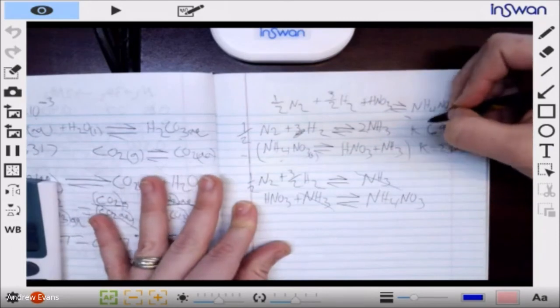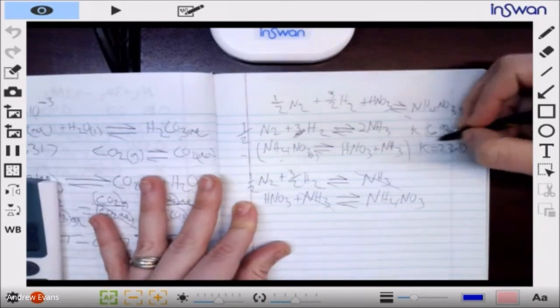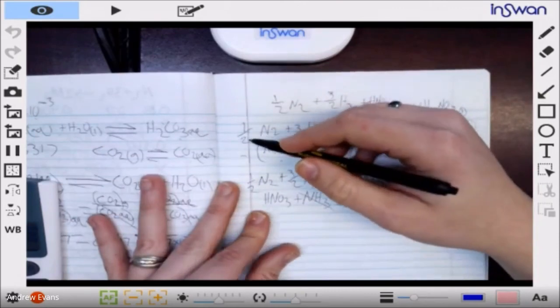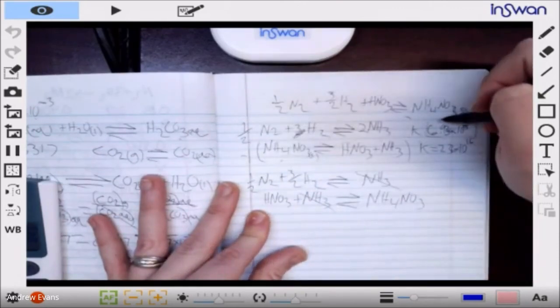With this guy, if I double the coefficients, it's the same as raising K to the power of 2.